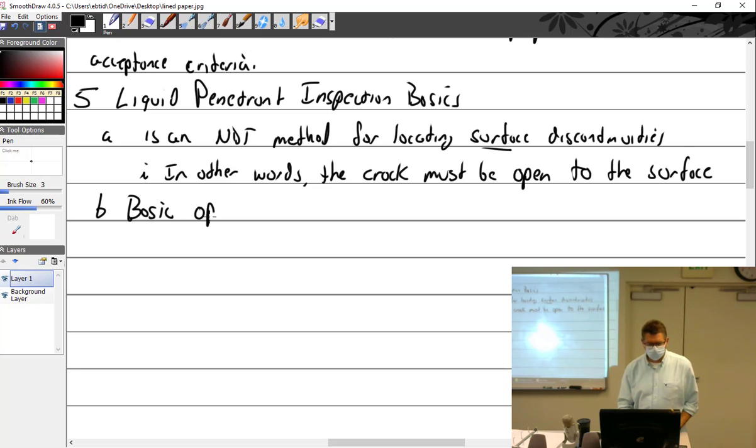Basic operating principle. One, the part is cleaned.